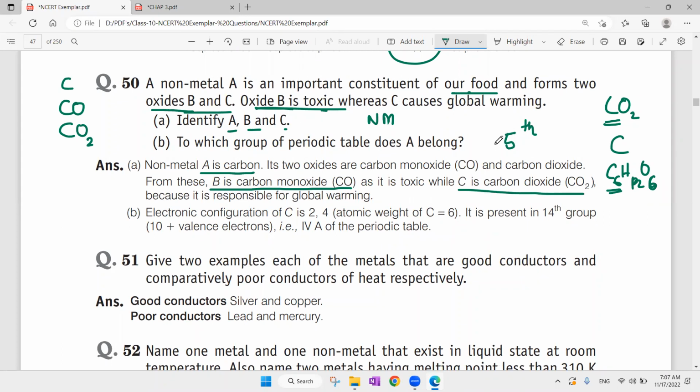So after studying periodic classification of elements, at that time we'll try to answer this one. Meanwhile, I'll tell you carbon atomic number is 6, electronic configuration is 2, 4. It belongs to 14th group. How to identify that 14th group element, I'll tell you, don't worry, while studying 5th chapter.